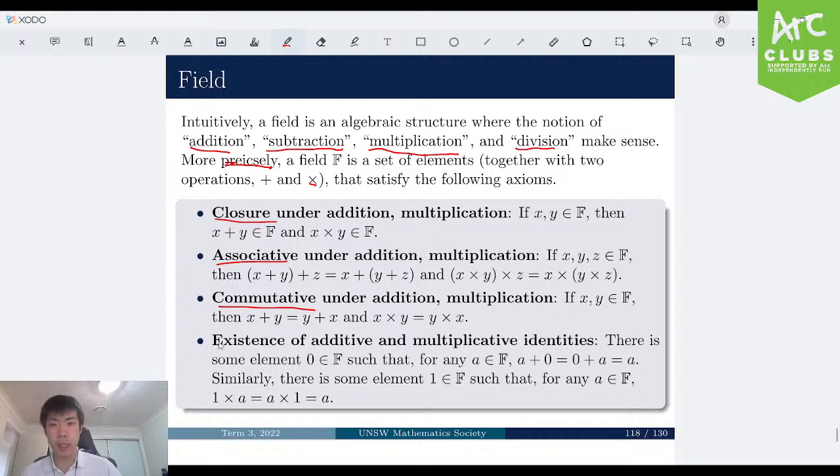And the last one is that there will be an existence of an additive and multiplicative identity. Usually the additive identity is denoted by 0, and the multiplicative identity is denoted by 1.